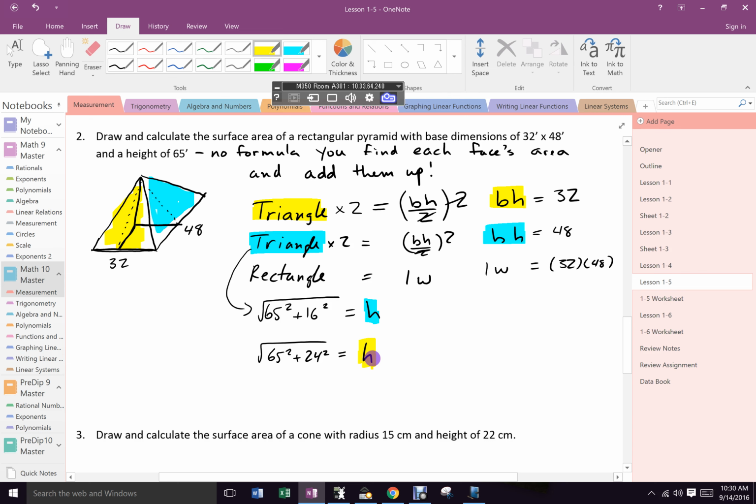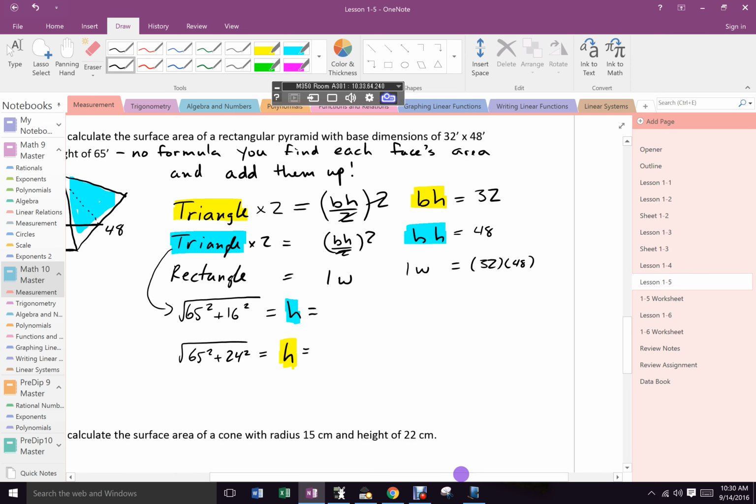Everybody cool? How do I do that on my calculator? And it's not going to give me a pretty answer, is it? So what is my yellow h, or my blue h?